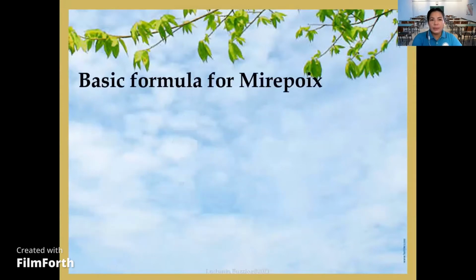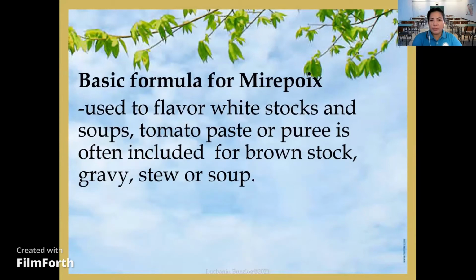And we have the basic formula for mirepoix. Mirepoix is a French word. So mamaya, i-detalye natin what is the meaning of mirepoix. So this is used to flavor the white stocks and soups. Tomato paste or puree is often included for brown stock, gravy, stew, or soup.